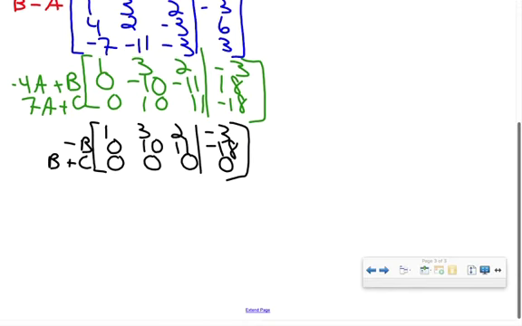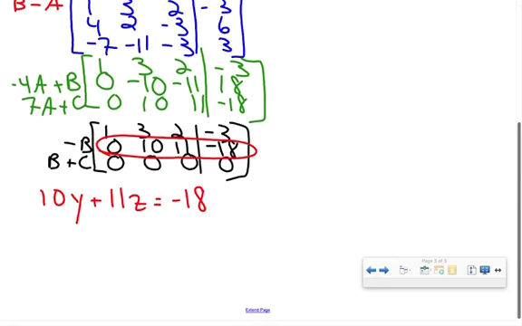So we're going to solve for y in terms of z. And once I have that, then I'm going to use it in order to solve for x in terms of z. So here's what I mean by that. I'm going to take this equation and solve for y in terms of z.